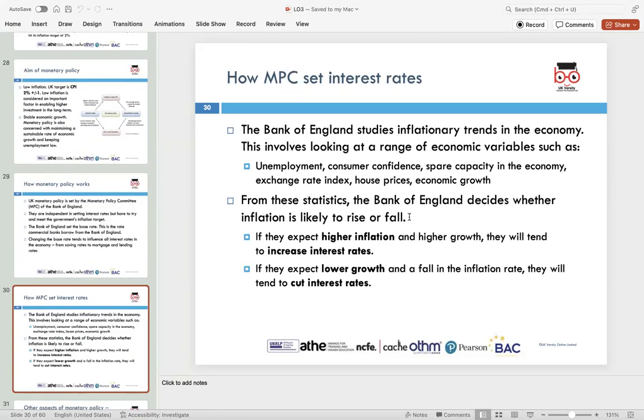So, the Monetary Policy Committee set interest rates during the credit crisis, also known as the recession or credit crunch. In 2008 and 2009, the Bank of England utilized quantitative easing as a component of its monetary policy.